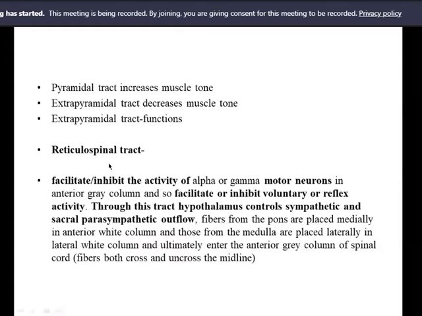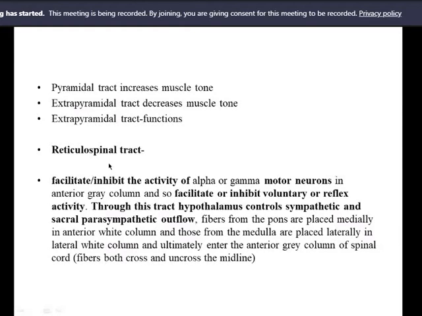Through this tract, hypothalamus also controls the sympathetic and sacral parasympathetic outflow. That is very, very important for reticular formation. But for the reticulospinal tract, that motor tract, gross movement is possible. So we can bend forward, we can bend backward also by reticulospinal tract.